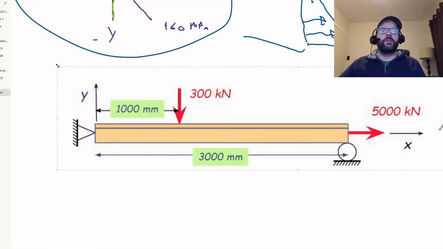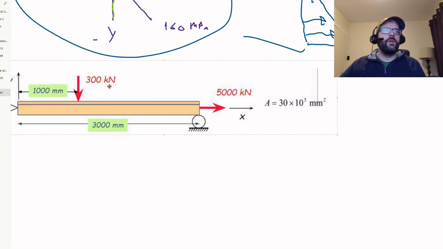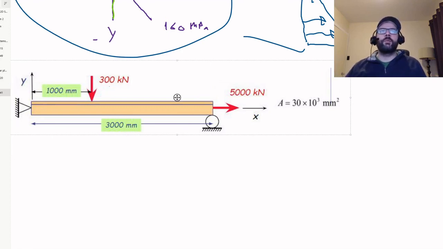The axial stress, or the normal stress, whichever of those you want to call it. It's relatively simple here. What we need to do is calculate what that axial stress would be. Again, the axial stress is going to be assumed to be uniformly distributed over the cross section, especially over this cross section here, because it's 3 meters away from where the loads are applied on this end.